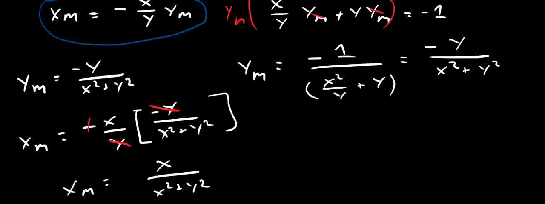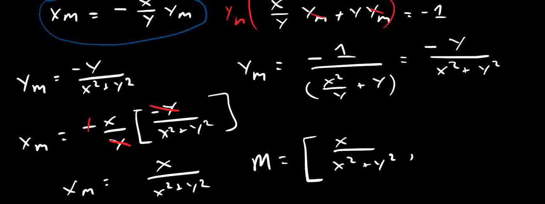So our multiplicative inverse for any number is going to equal x divided by x squared plus y squared, comma, minus y divided by x squared plus y squared.